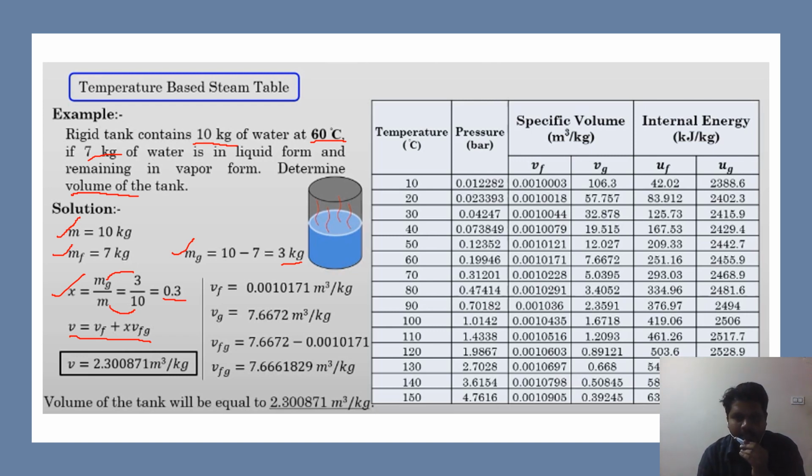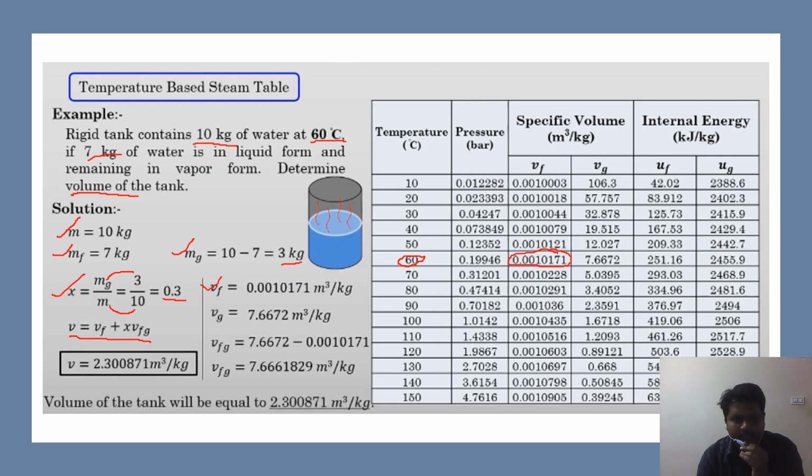So on the right side there is a steam table. If you look at the steam table, in the given problem the temperature is 60 degrees centigrade. At 60 degrees centigrade, we have to find the specific volume at saturated liquid state, that means Vf. So this is the value, 0.0010171 meter cube per kg.